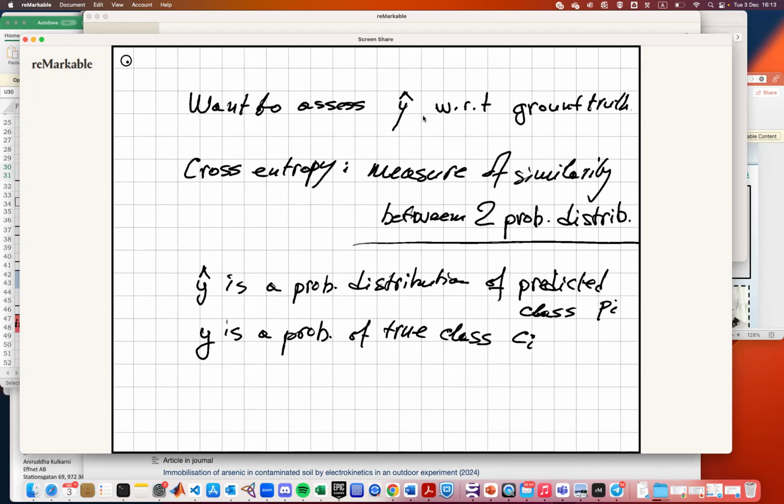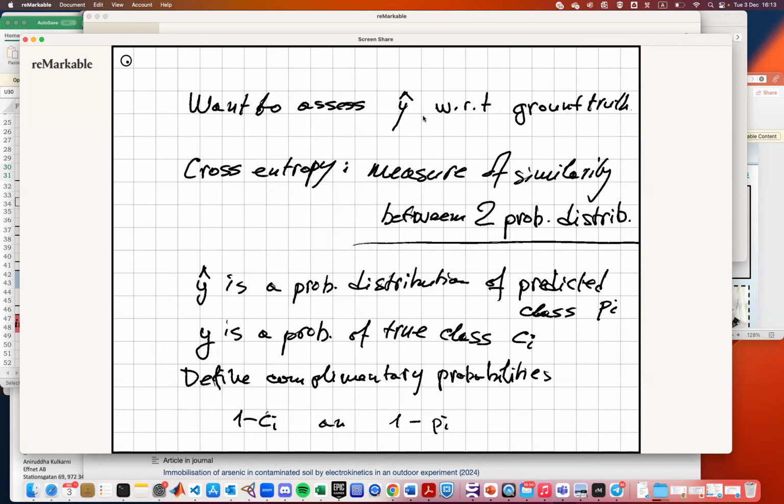And if we treat them as probabilities, then we can also define complementary probabilities, which are 1 minus Ci and 1 minus Pi. So this basically corresponds to wrong classifications.